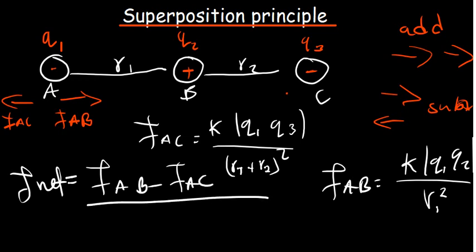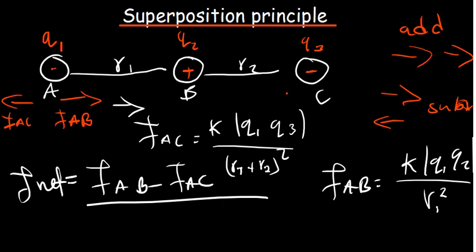The answer which we find here will be our net electric force. If the answer is positive, meaning this guy A was moving toward the positive side. But sometimes you can have a situation where F of AC and F of AB are going in the same direction. Then you can take it that way.